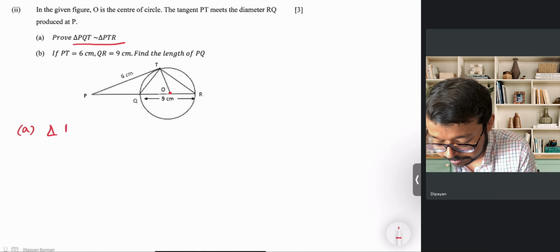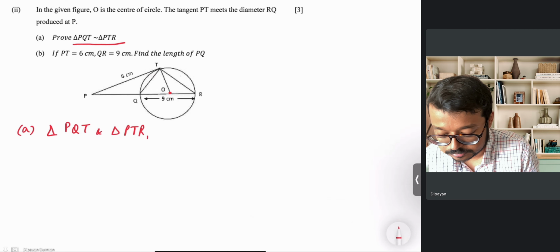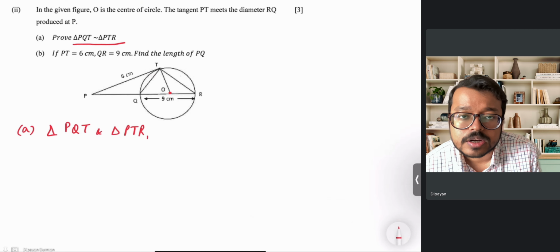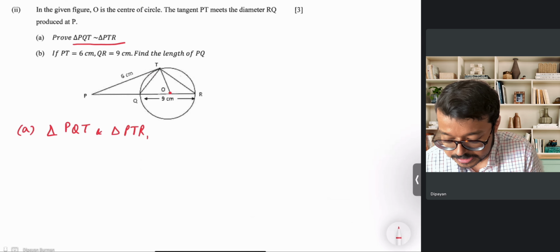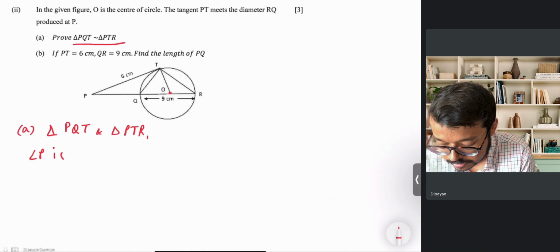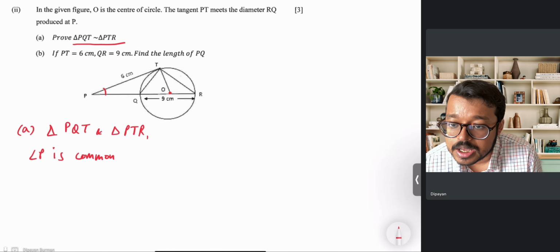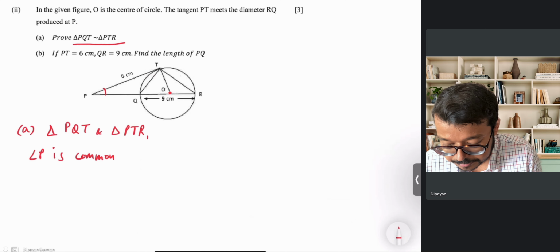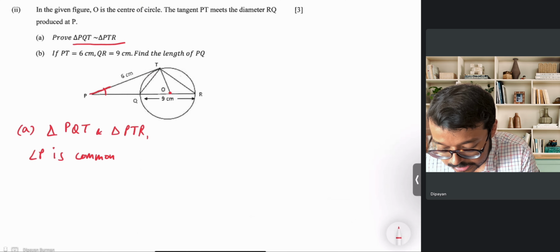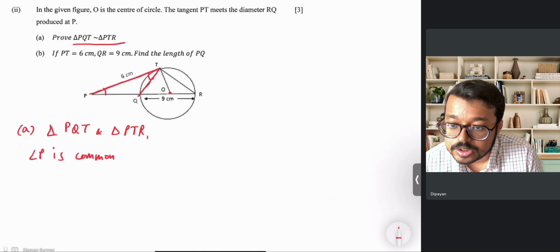In the triangle PQT and PTR, we need to look at which angles are equal. So first thing is angle P is common. For both the triangles, angle P is common. And then I can look at tangent PT and chord TQ have angle PTQ in between.